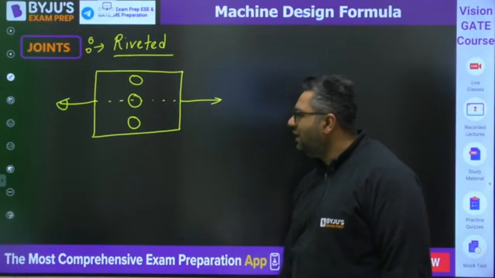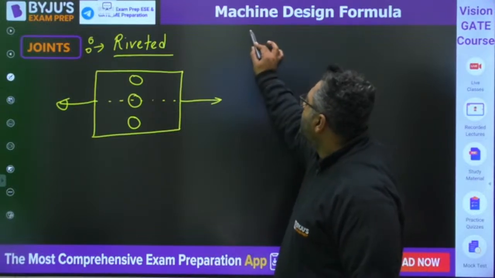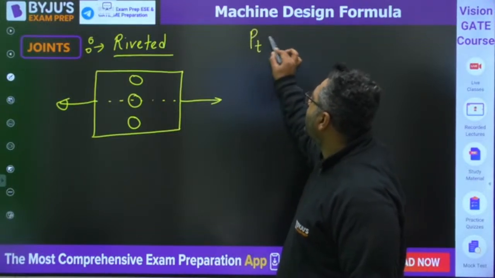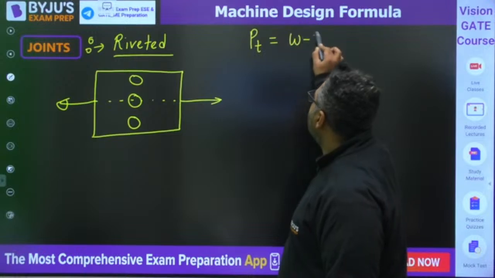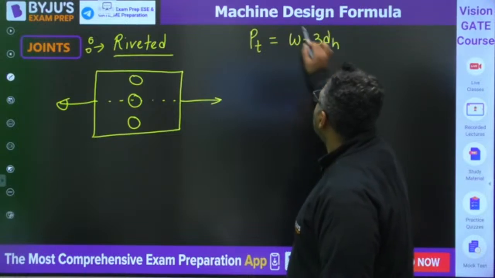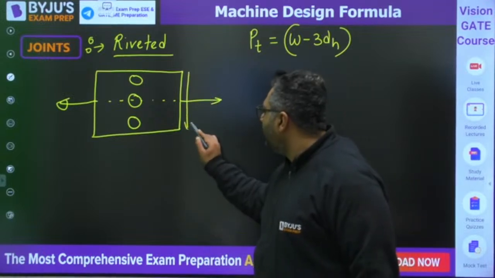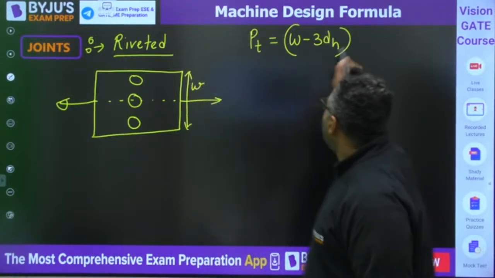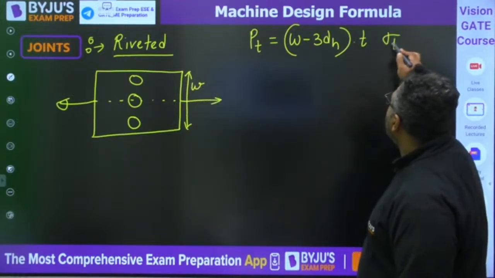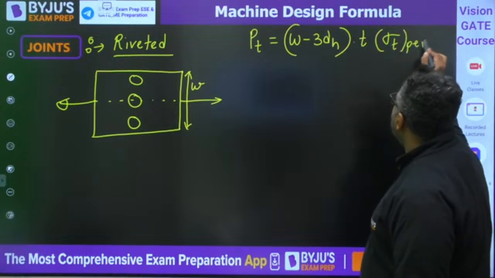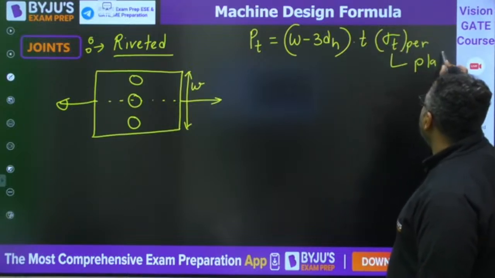For such case, I feel everybody knows that the tearing strength of the plate is (W minus 3d_h) into thickness, into sigma T permissible. 3 is the number of holes and W is the width of plate, and this is for the plate material.